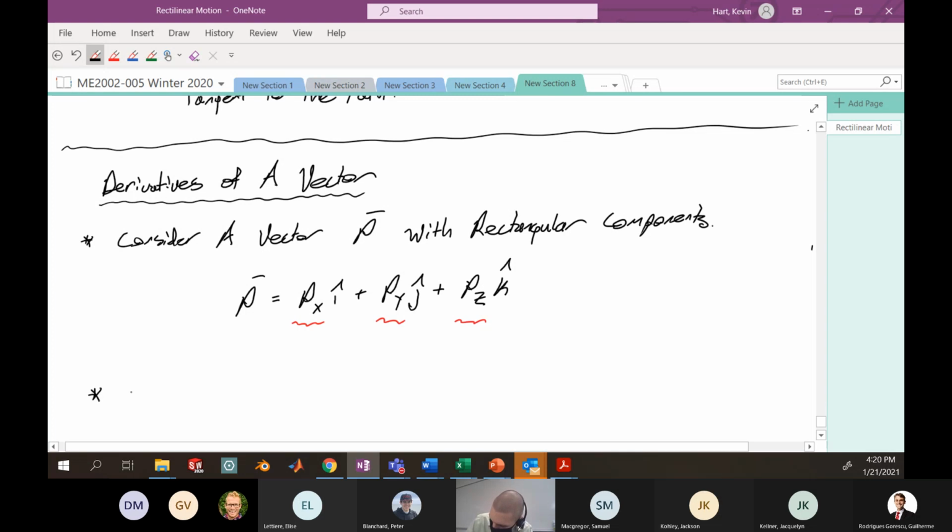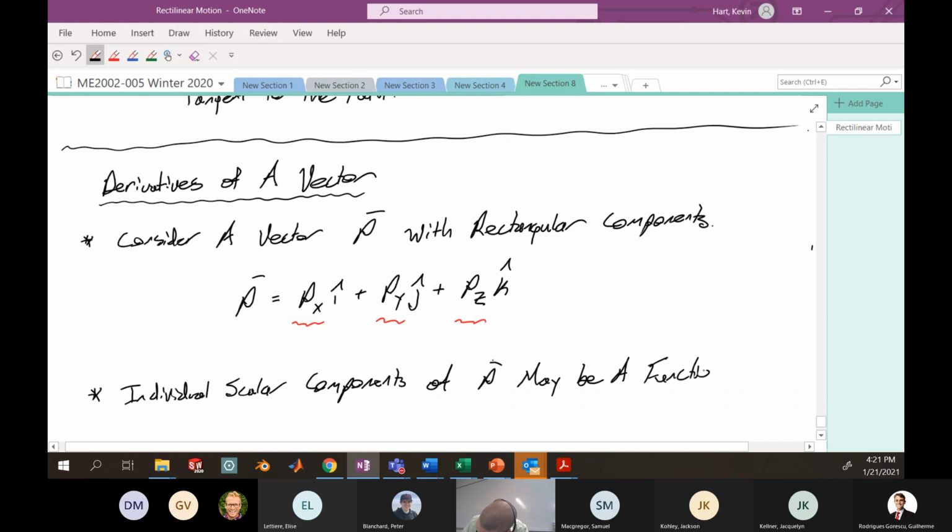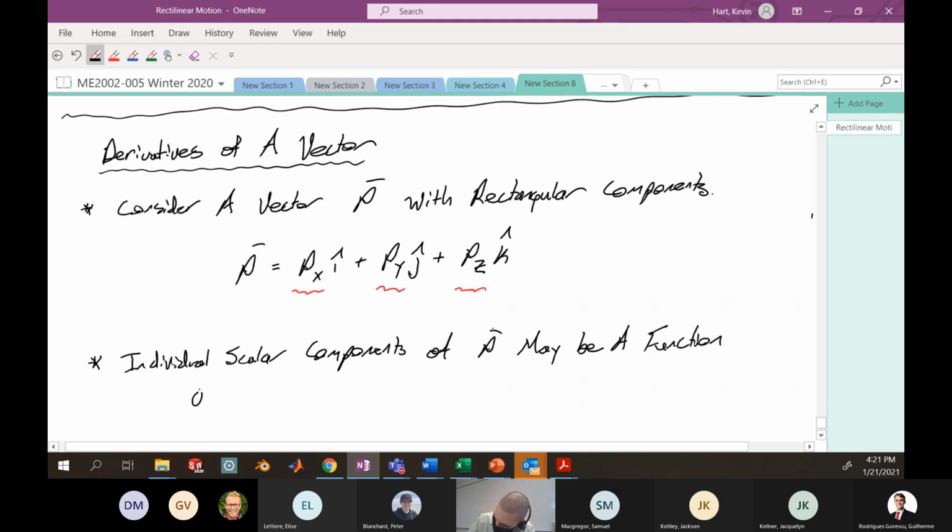So we'll say individual scalar components of P may be a function of some other scalar value.